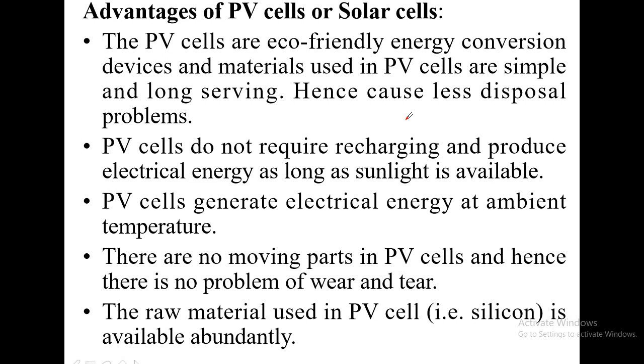The raw material used in PV cell construction is mainly silicon, and silicon is abundantly available in nature. These are some of the points which you can list under advantages.